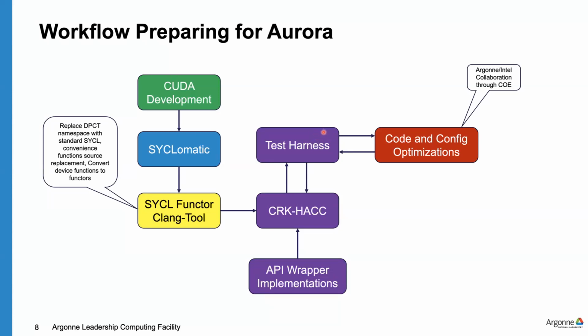This test harness allows us to replay individual kernels on actual live data taken from a simulation, in such a way that you don't need to build the entire simulation code. So these are drivers that can bootstrap all of the information that was taken during a live execution of the simulation code and replay these individual kernels.